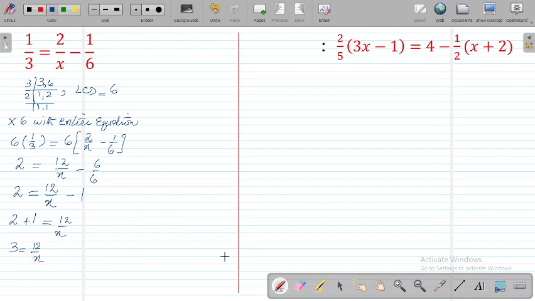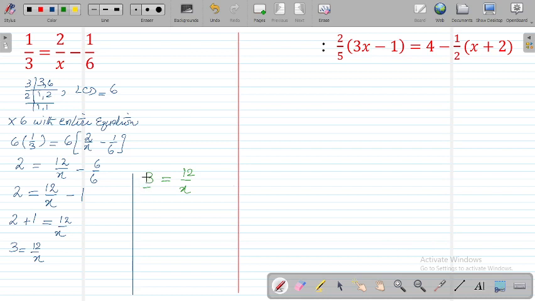So what we can do here is, it was 3, sorry, it was 3 is equal to 12 upon x.